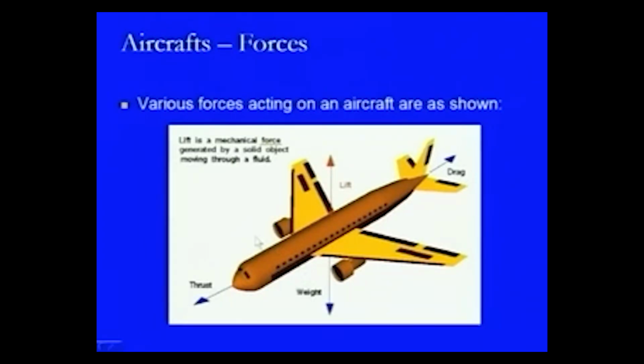Now, in this particular diagram some forces have been shown. The weight is always acting in the downward direction through the CG of any aircraft. So, if we assume that the CG is somewhere here, then the weight will be acting vertically downwards like this.